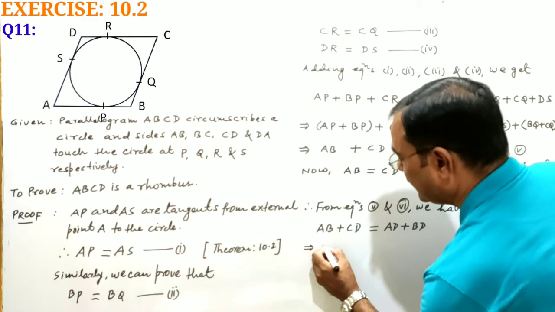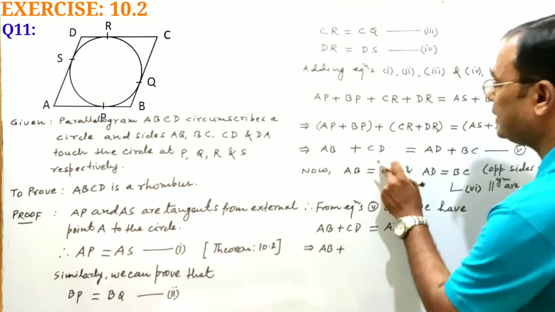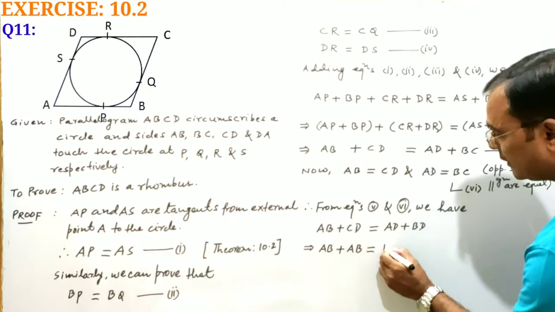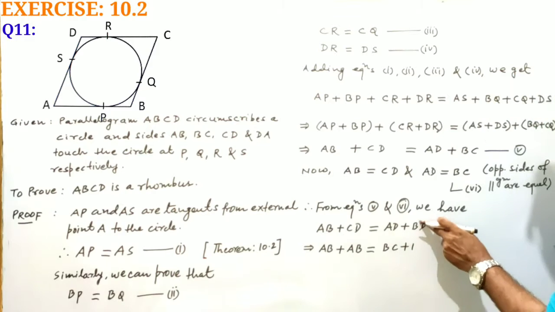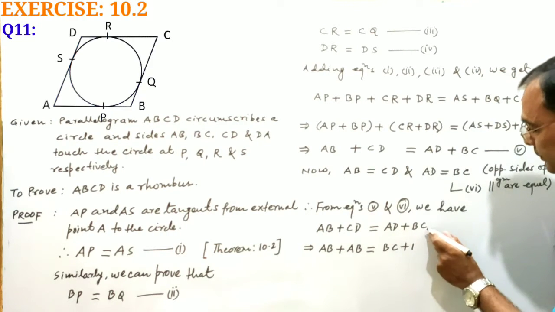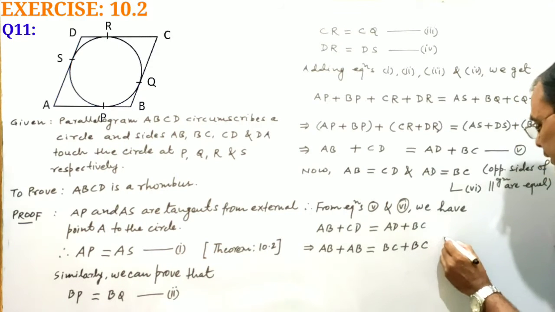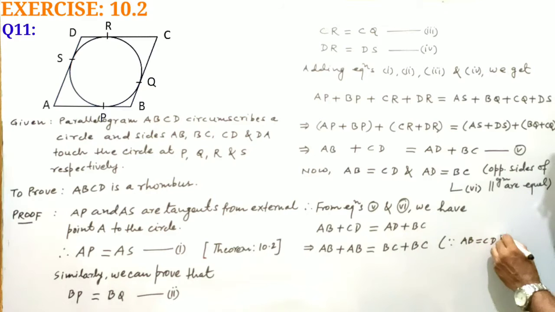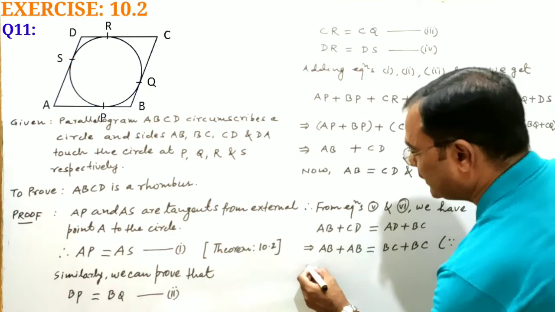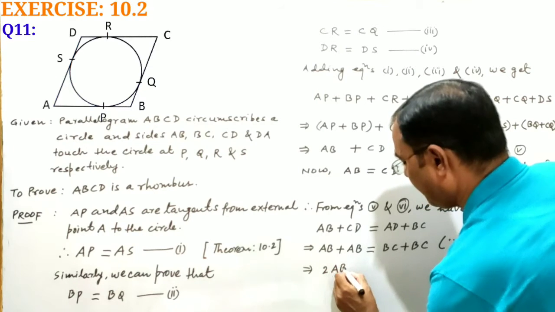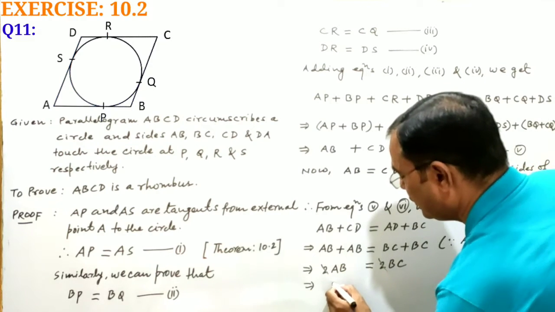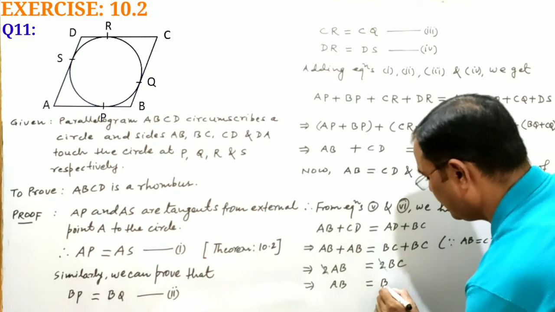So this implies that AB plus AB equal to BC plus BC, and this implies that 2AB is equal to 2BC. 2 cancels from both sides, so AB is equal to BC.